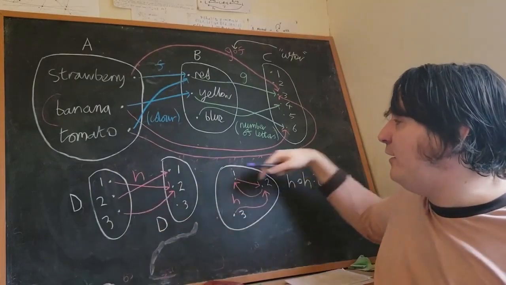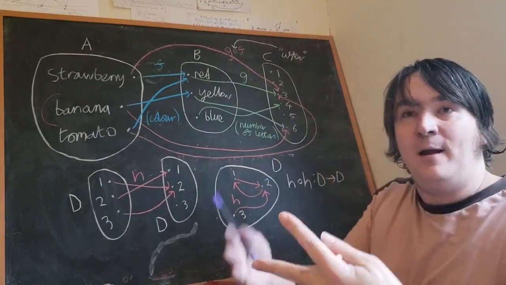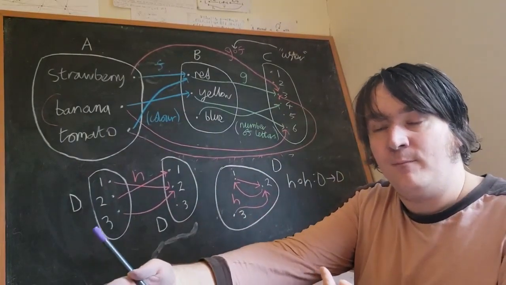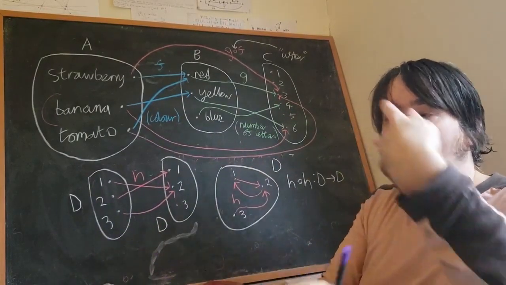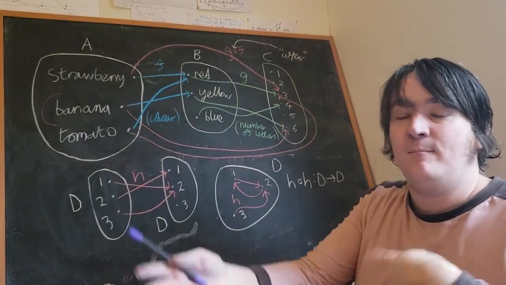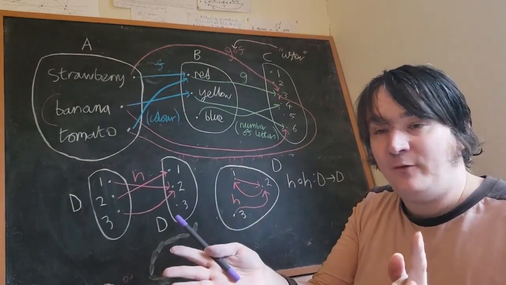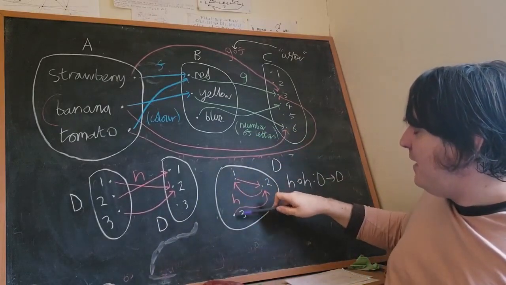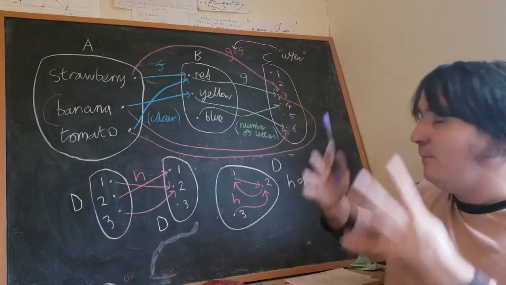And in a sense, this gives us an elementary way to think about what are called dynamical systems, which are basically systems that change over time that we want to model mathematically. So we could think that this function h here is telling us how the system changes over time.